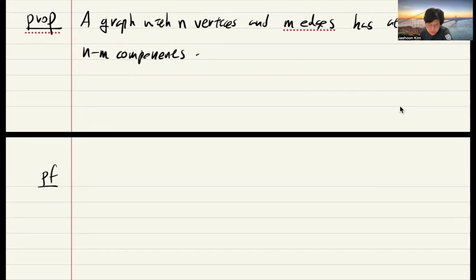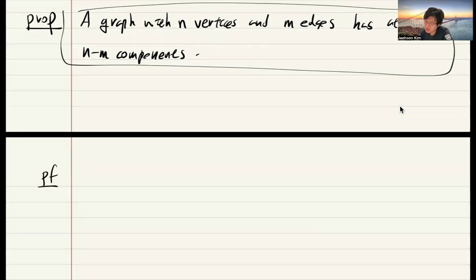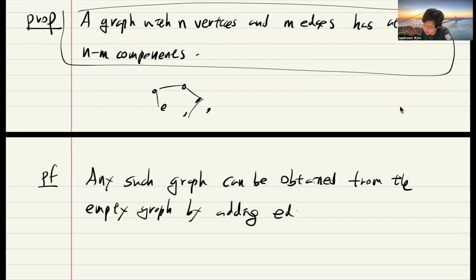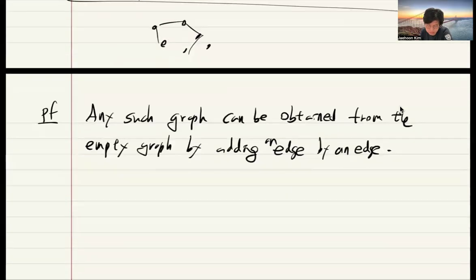So how do we prove this? Any such graph, n vertices and m edges, how do we draw it? You put n vertices and then add edges one by one, right? So any such graph can be obtained from the empty graph by adding edge by edge. Then this starts with n components.